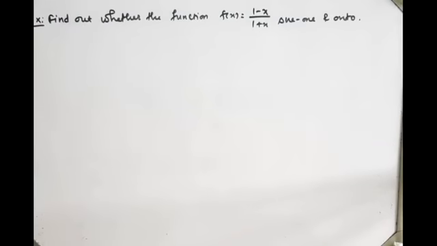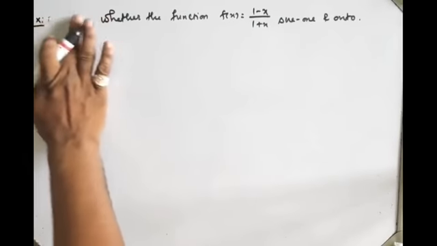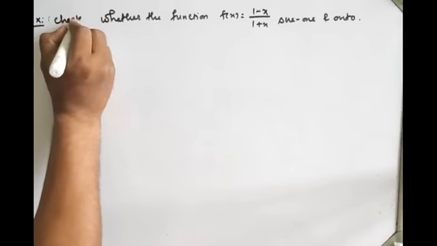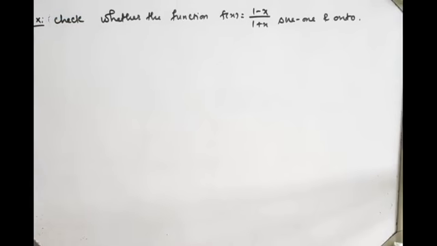So we have to check whether the function is 1-1 and onto. If this function is 1-1 and onto, then we say that the function is a bijective function, right? So we will check whether this function is 1-1 and onto.